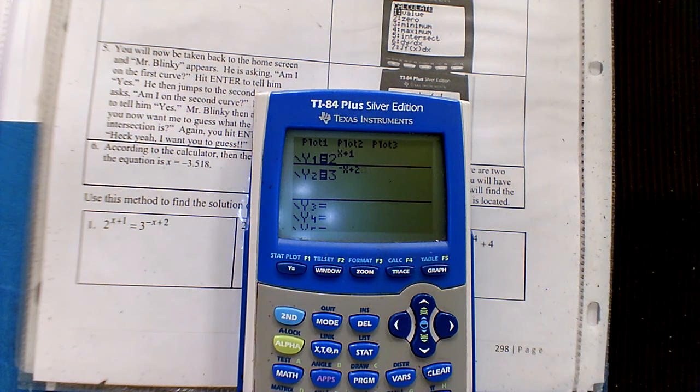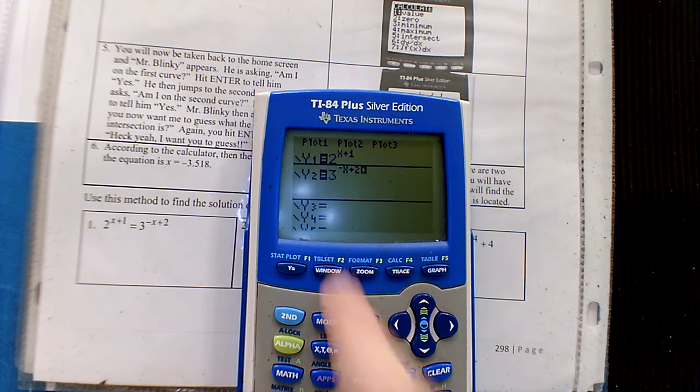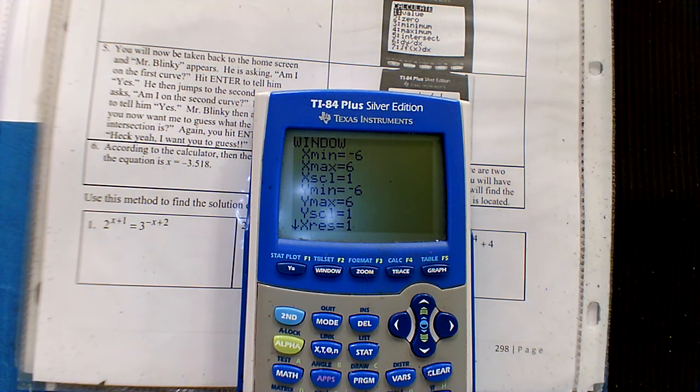Before you hit graph, let's make sure our window is something semi-appropriate. We don't really know what a good window should be, but we could probably guess that anything into the 50s or the hundreds is probably not going to be a good window. So right now I have -6 to +6 in each direction.